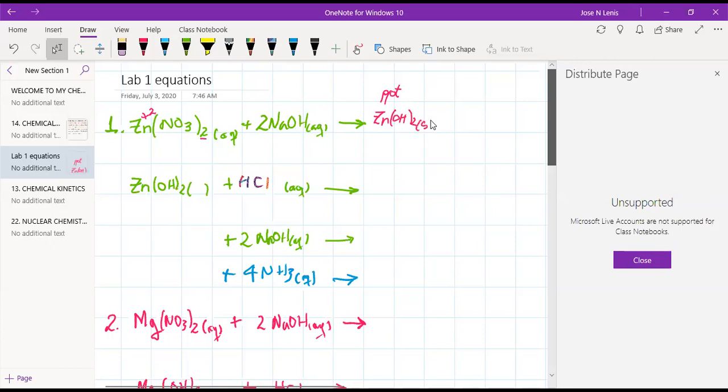That's why we write it here, S. Sometimes we write an arrow pointing down to show that it's a precipitate, a solid that forms in the solution and settles down.